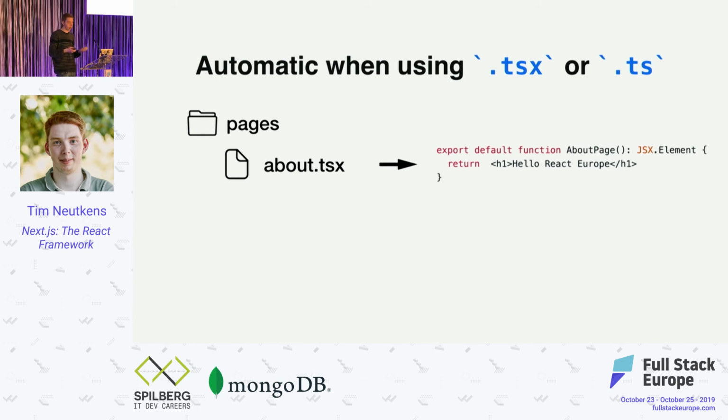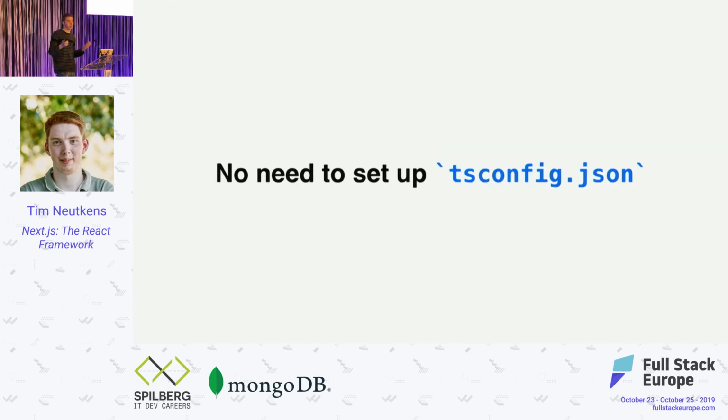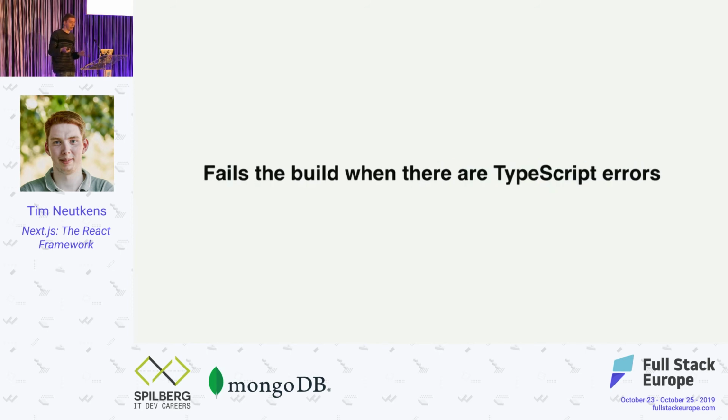If you're, say, already using JavaScript, but you want to switch to TypeScript more granularly, it will allow you to just change certain pages. And so when you change that extension, it will actually set up your tsconfig, all the configuration needed to start doing the compilation for TypeScript. So there's no need to write a tsconfig. It will also fail the build and give you type errors in development automatically.